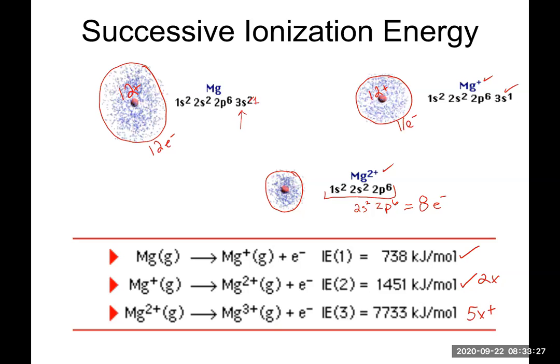We now have the electron configuration of neon. We also have the atomic radius of neon. And it's going to be very, very difficult to remove an electron from a species that has the electron configuration of a noble gas and is now very stable.